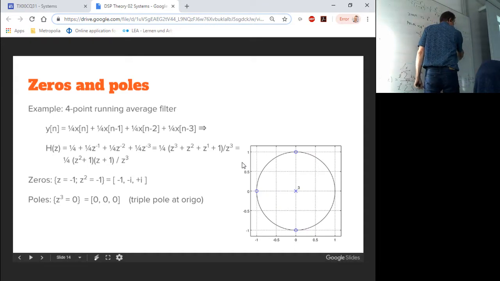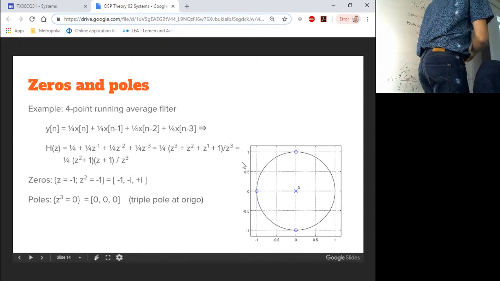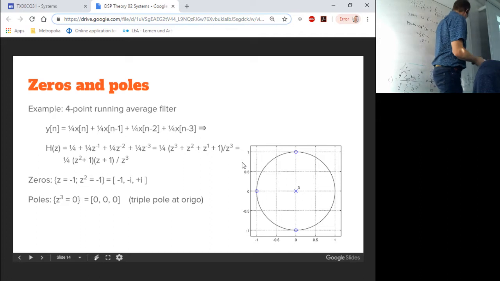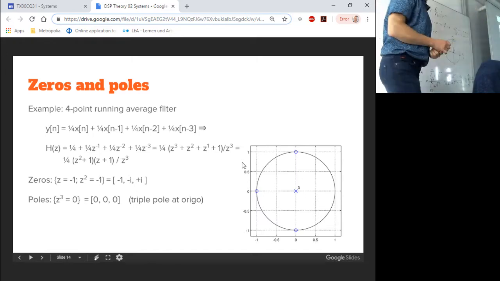So without that point, we would have exactly that feed-forward system for running average. We added z^-1 both upstairs and downstairs, so we added a zero and a pole at the same place. Okay, good. So it makes sense. Yeah, so this actually cancels out in the frequency domain, but of course in the time domain it makes a big difference on how to do the calculations.